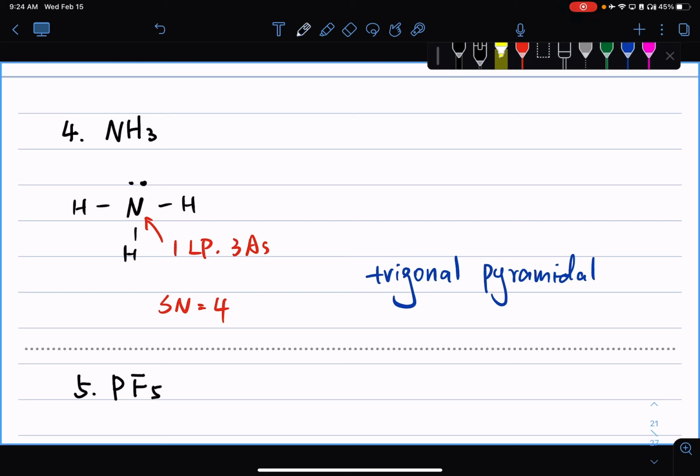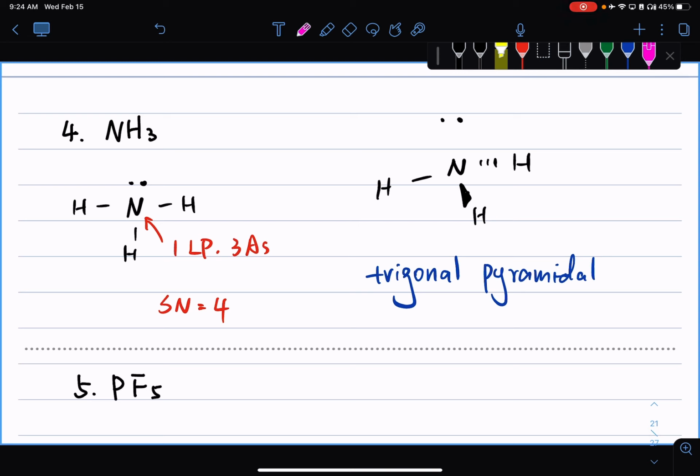And what it looks like is you have the nitrogen in the middle, and then here you have the lone pair on the top, and then the hydrogen. So these three groups define your plane of paper. And then you have two more hydrogen. One comes out, that's wedged, and one goes in.